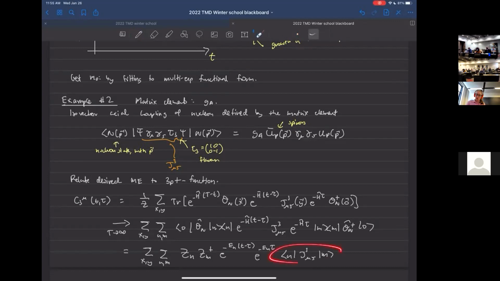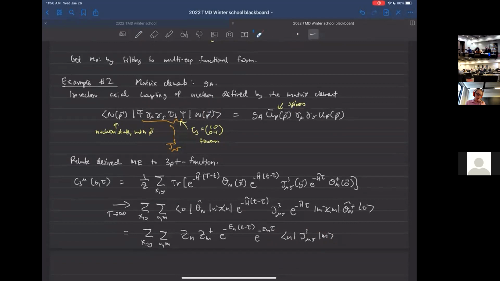Okay, so this is now almost this, right? The only difference is if we want to calculate this matrix element in the ground state of the nucleon, then we want both N and M to be the lowest states in that tower of all possible states with the right quantum numbers, right? And once we've got this with N and M being the lowest states, then we've been able to calculate GA.